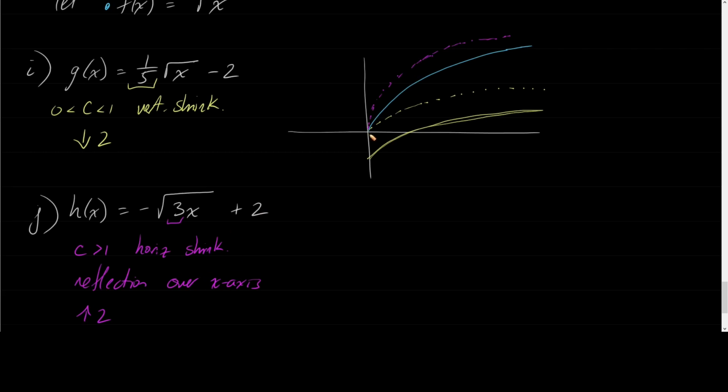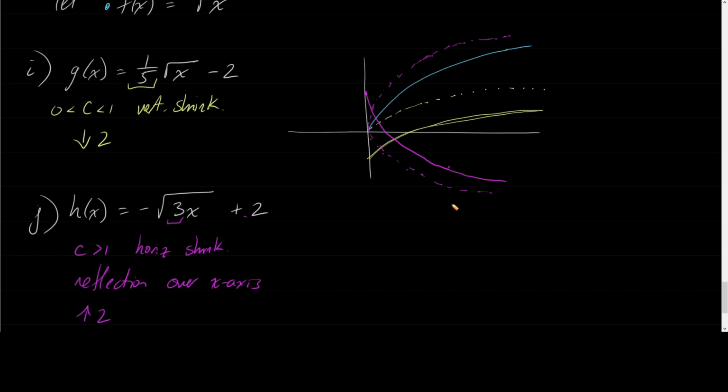So that's gonna look something like this, right? And then we have upwards by 2 units. So it'll start here and go something like this. Let's make it look better. All right, something like that.